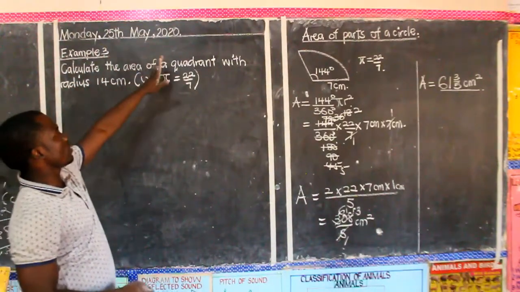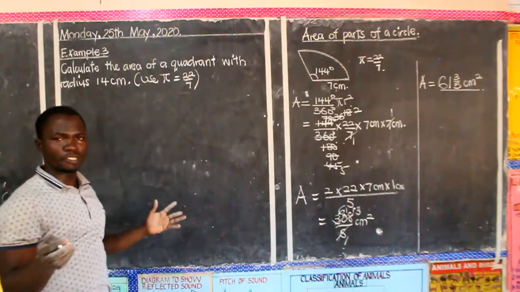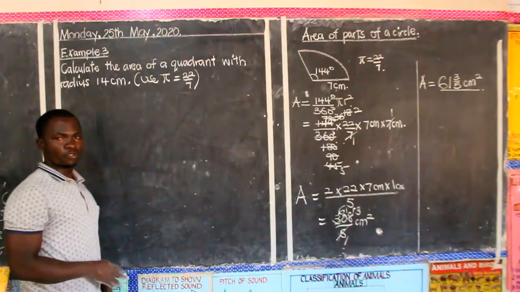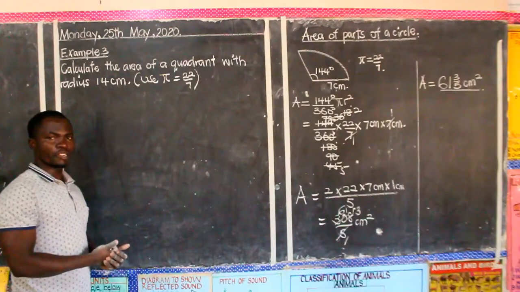Calculate the area of a quadrant with radius 14 centimeters. You can calculate without the diagram. If you want, you can do the diagram.